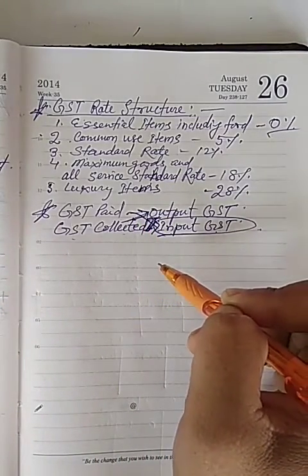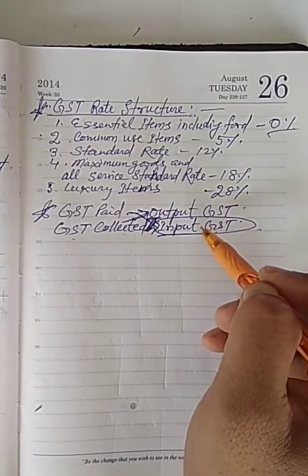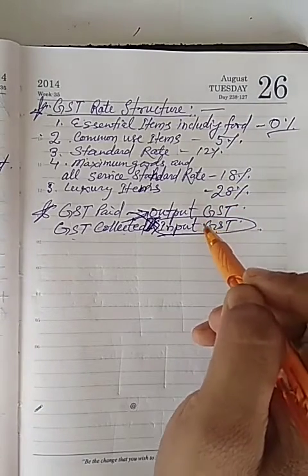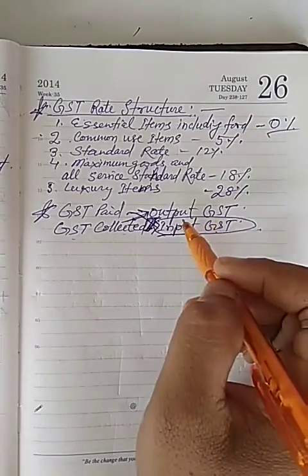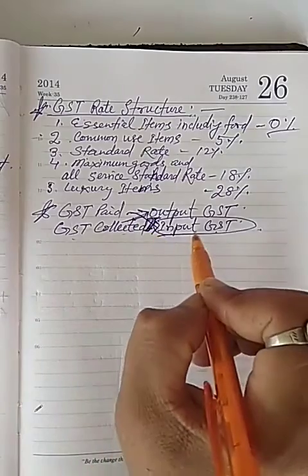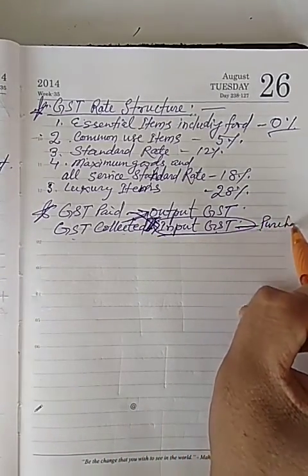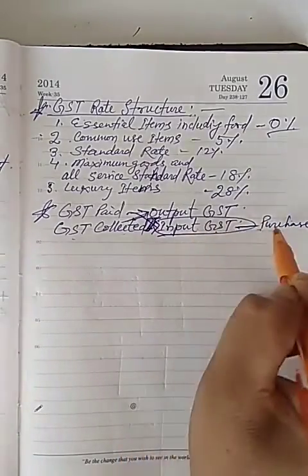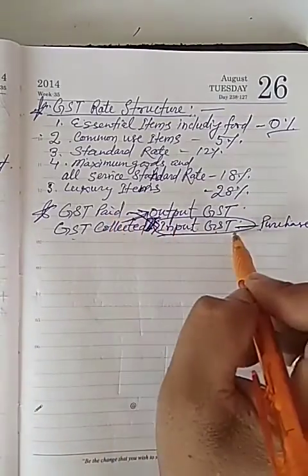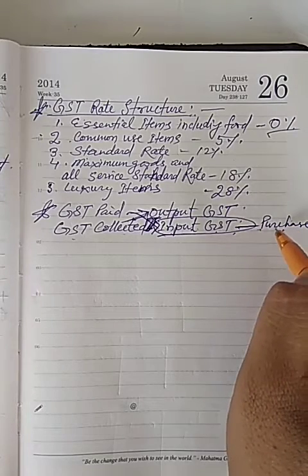And it will be set off against GST collected. As such, GST paid on purchase is input GST. When we purchase we have to pay the GST; it will be input GST and it will be related to purchase.